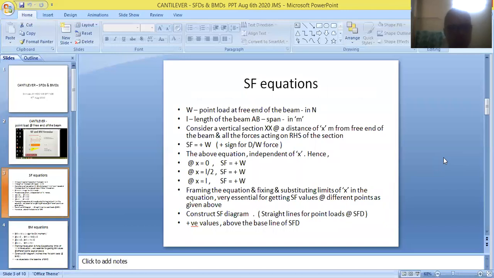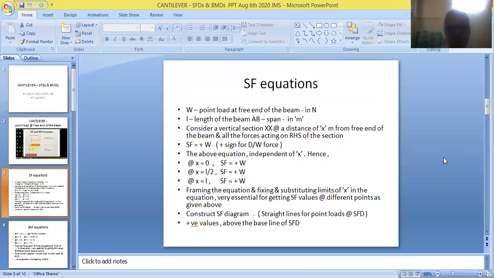So friends, we have already discussed, so we can make a note of the SF equations. Capital W indicates the point load acting at the free end of the beam, expressed in newtons, and small l indicates the total length of the beam, that is AB.